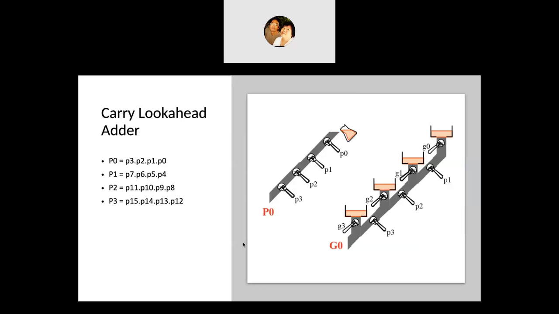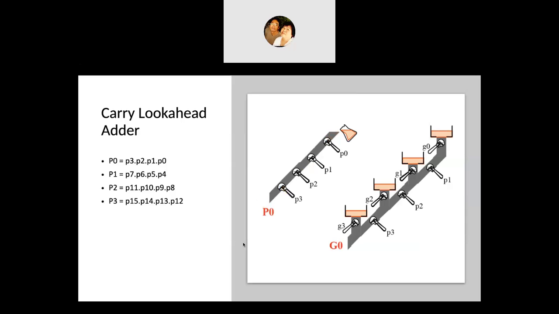We will get the water out here if and only if all the gates here are open. Let's say P0 is a gate, P1, P2, and P3, they are the gates. We open the gate so that the water can propagate from this point to this point.